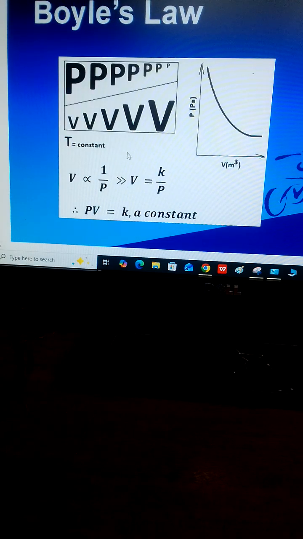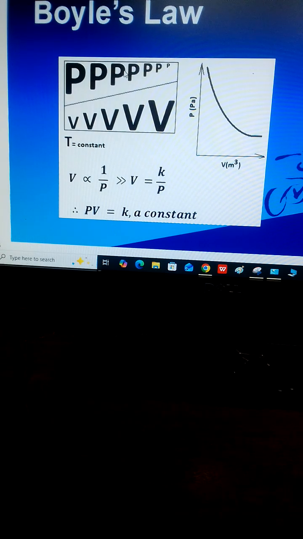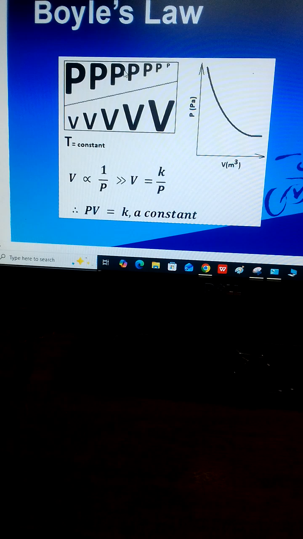The first law we shall look at is Boyle's law. Boyle's law says that the volume of a gas is inversely proportional to its pressure when temperature is constant.